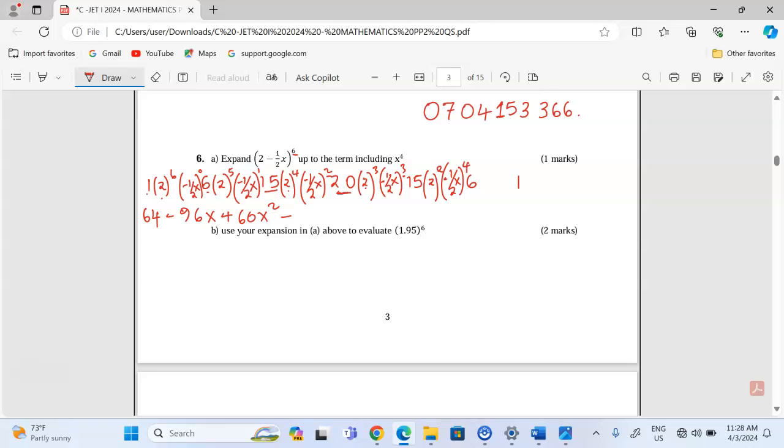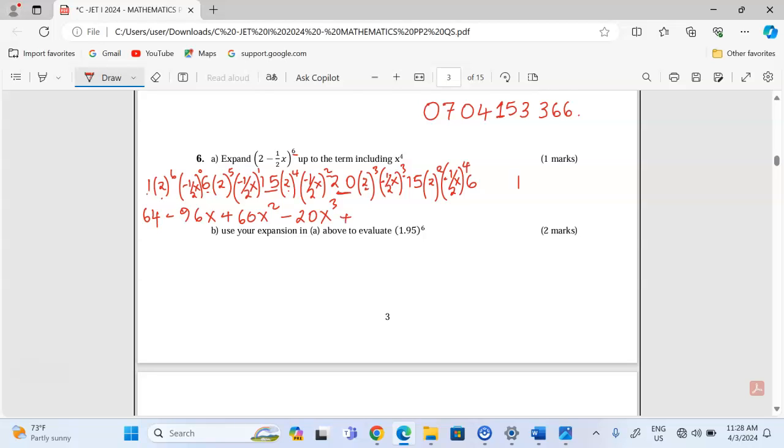So we'll be having 20 times 8 times negative 1 over 8, and this will be negative 20 x power 3. Remember, 8 is cancelling with 1 over 8 when you raise up to power 3.